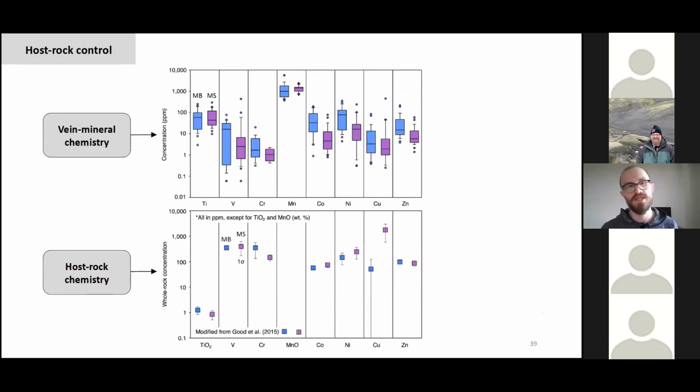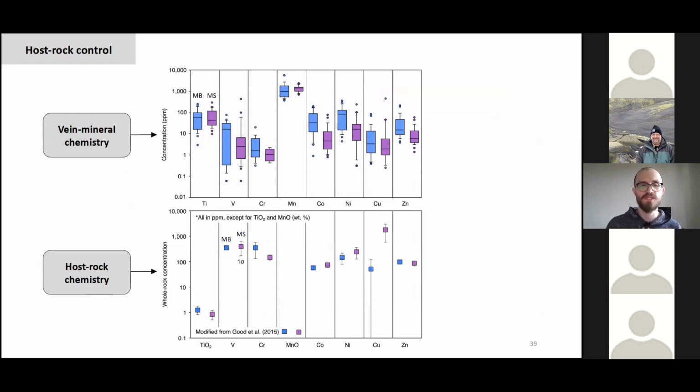Moving to a slightly larger scale, we're now going to look at the host rock control on vein mineral chemistry. So we have two sets of box whisker diagrams here. The top diagram is looking at the composition of vein minerals that are hosted in metabasalts and Marathon series in blue and purple. And the bottom set of diagrams is looking at the host rock chemistry, again with metabasalts in blue and Marathon series in purple.